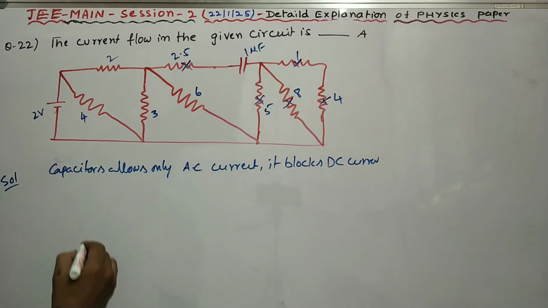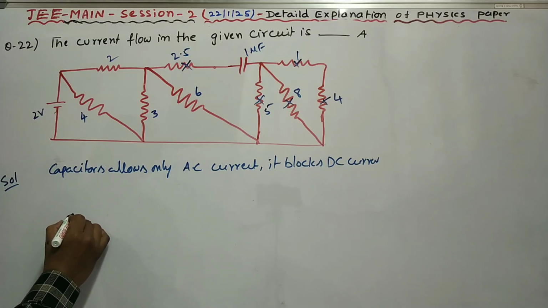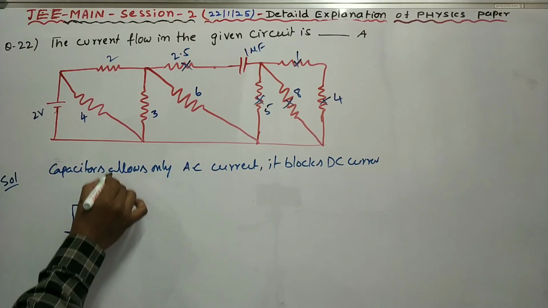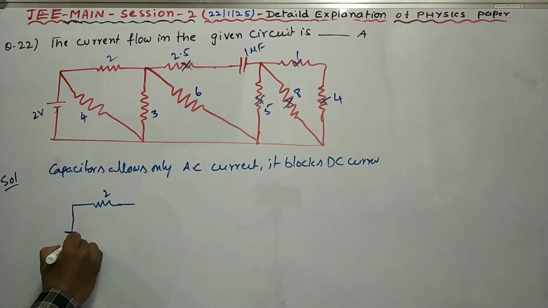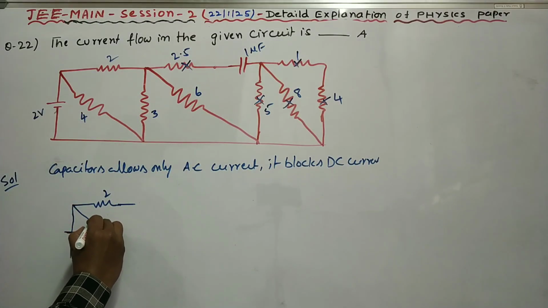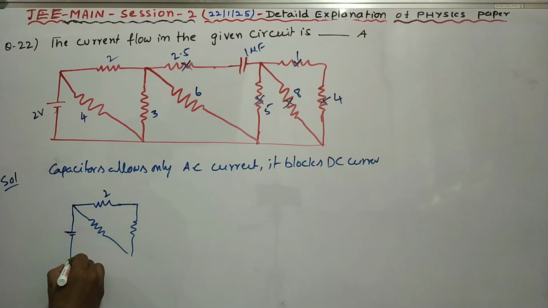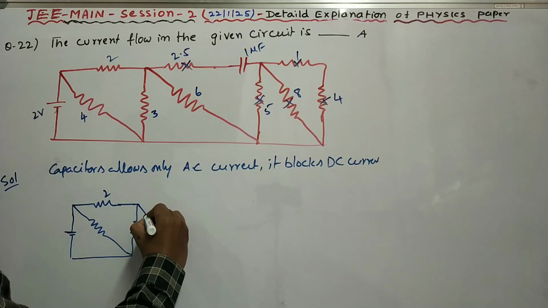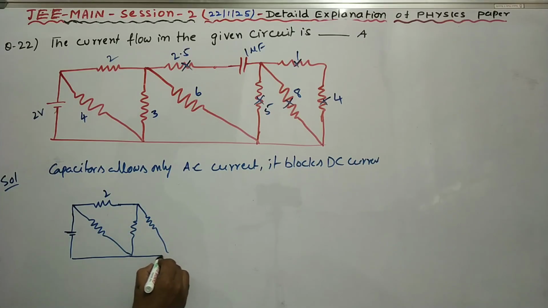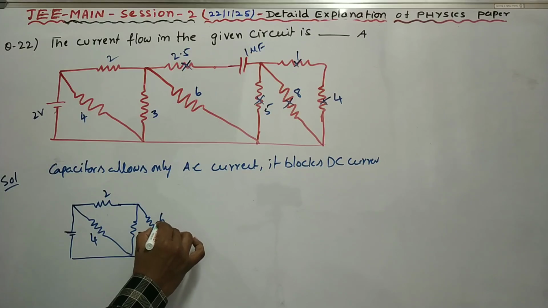So rearrange the circuit. The battery is the same. Next, this 2 is there, this 4, this 3, and this 6. This is 2, this is 4, this is 3, this is 6.